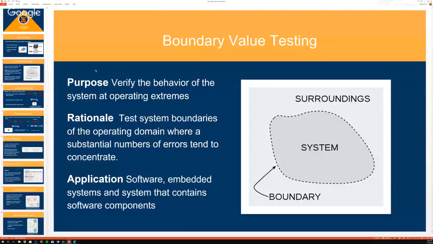And we're going to do that because the system tends to fail in this boundary with the values nearest to the last value that we can have. Some of the applications are in software or software components, so I think we can use this kind of test for our final project that is basically a software.